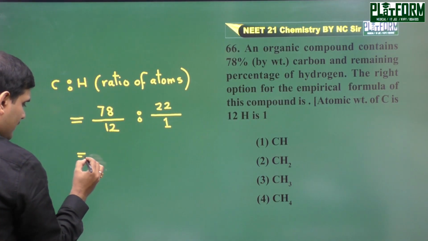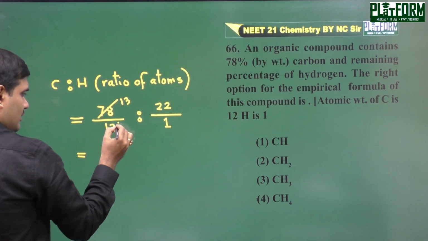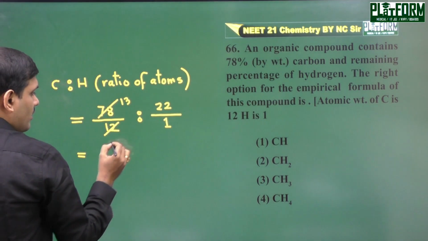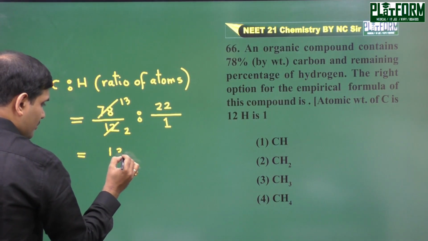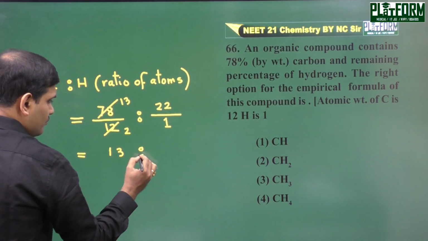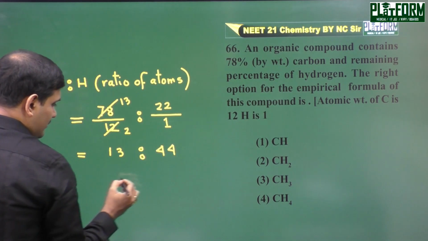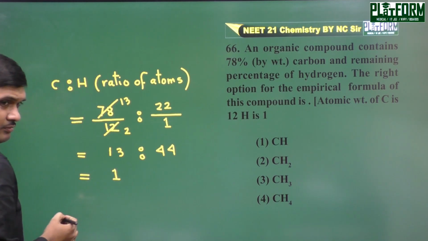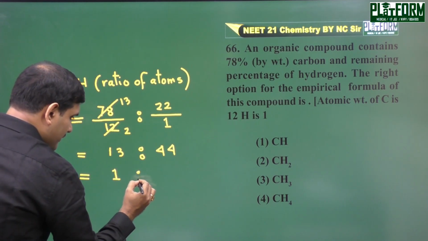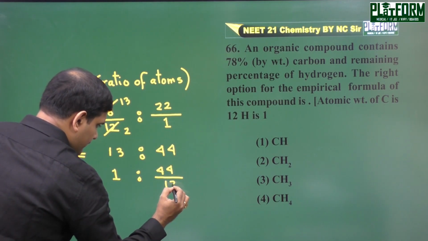If we simplify it, it is 6.5 to 22. Keeping carbon as 1, it will be 22 by 6.5.